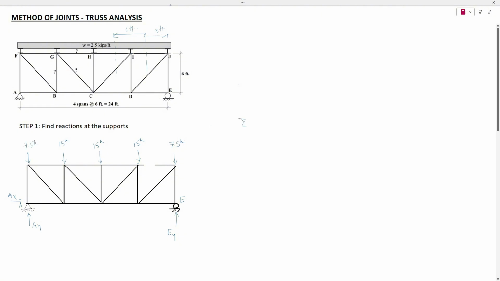Now we apply the equations of equilibrium. Take the moment at point A equal to 0, considering counterclockwise positive. The equivalent point load for this whole uniformly distributed load, let's idealize this as a simply supported beam AE, with a UDL of 2.5 kips per foot.